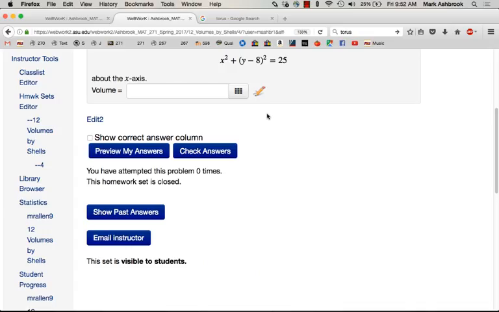Okay, so first of all, we have to recognize that this curve is what kind of thing? A circle. So let's review this equation of a circle, x minus a.